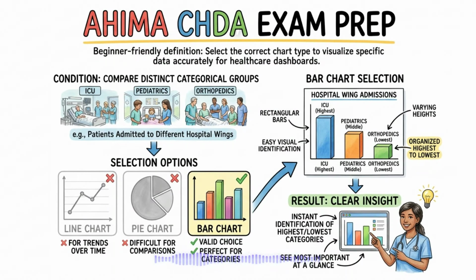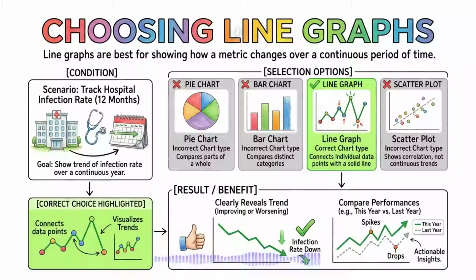You should generally organize these bars from highest to lowest so the viewer can instantly see the most important category on the far left. When your goal is to show how a specific metric changes over a continuous period of time, the absolute best choice is a line graph.